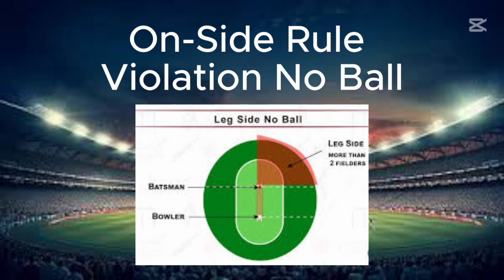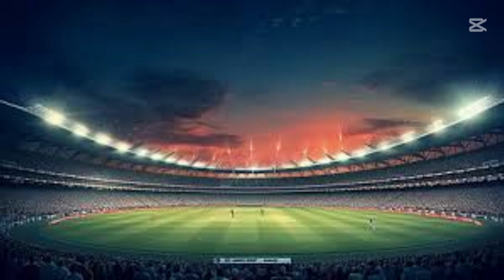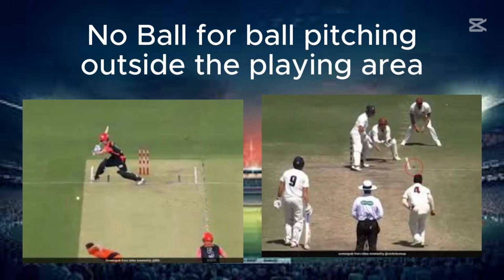In such cases the umpires notice it and call it a no ball. And another no ball which we see commonly is when the ball pitches outside the playing pitch. Now there is the brown or the green strip of pitch on which the game is played, but if the ball bounces for the first time outside that pitch, outside the wide lines and outside the no ball line as well, then it is called a no ball as the ball has bounced outside the pitch.